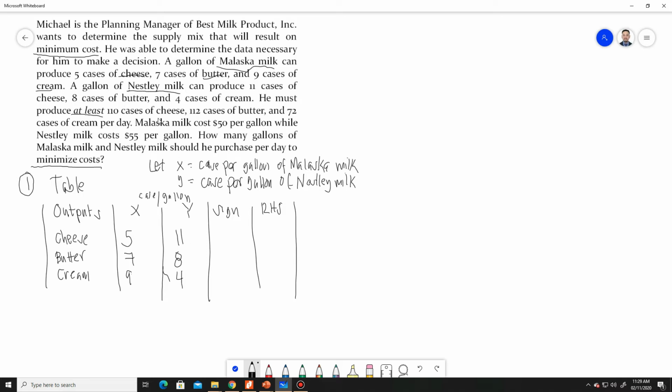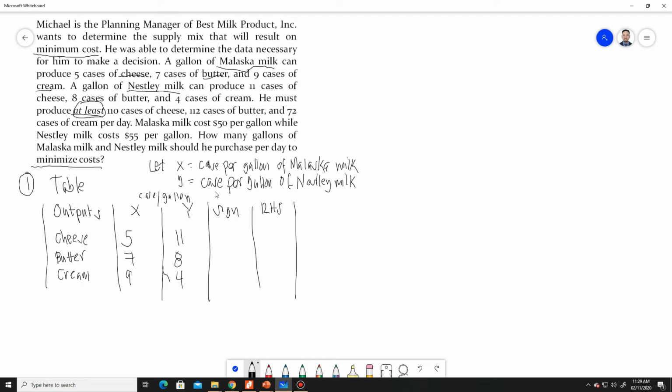Okay? He must produce at least. So when we read at least, the sign should be greater than or equal. So in minimization problems, remember, one general relationship is that each functional constraint usually has an at least or greater than or equal requirement in its form, but not limited to that, or if the case warrants or allows it.